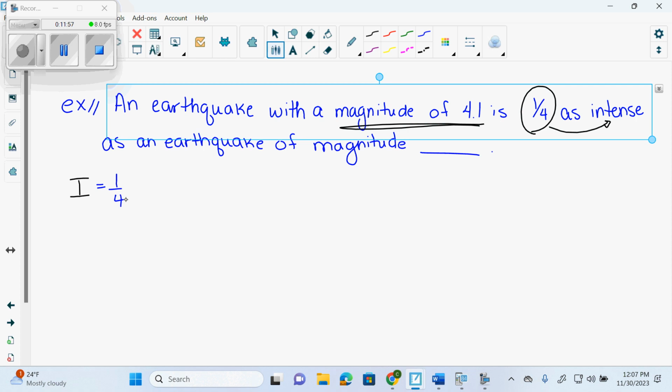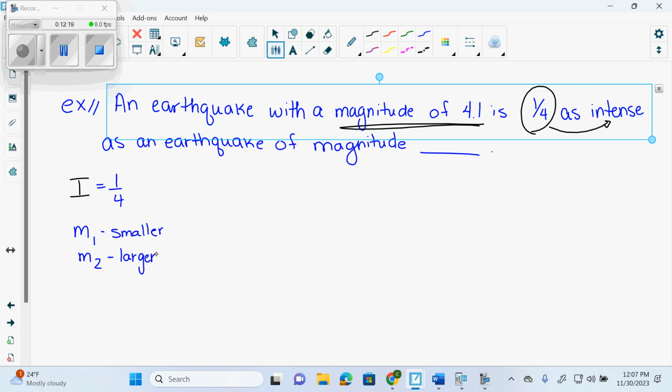So it's a quarter as intense. We agree? So is that a small intensity or big intensity? Quarter. It's between 0 and 1. So that's small. So my M1 is the small earthquake. Because if it's a small intensity, M1's small. So let's see what they gave us.